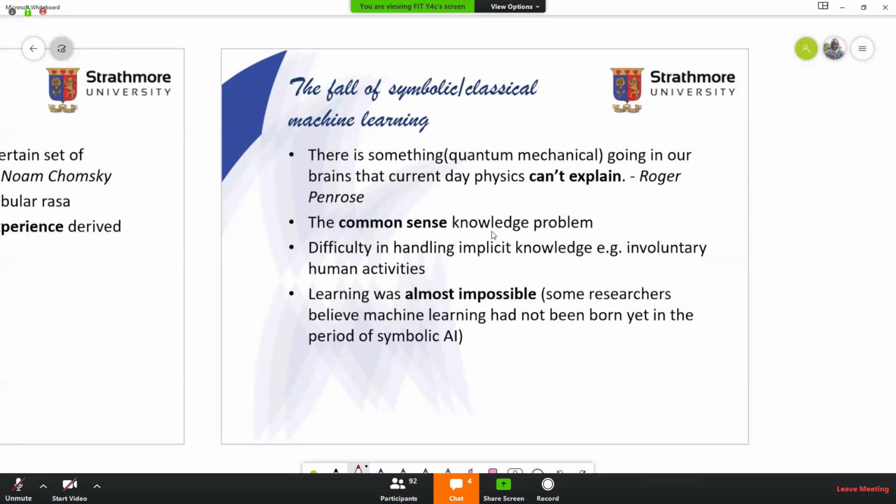I could ask you to justify why modern day AI is driven by statistics heavily. So the argument here is that this symbolic AI, it was difficult to represent symbols. It is difficult to represent common sense, okay? And learning was almost impossible in this period.